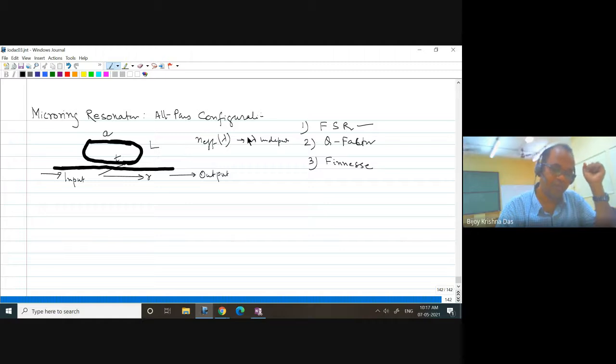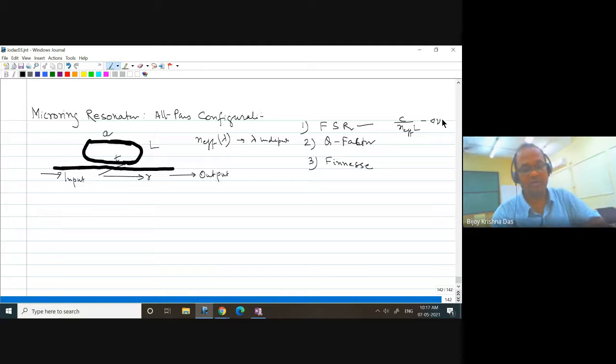We defined FSR as c by n effective L in terms of frequency, delta nu; otherwise lambda square by n effective L, which we derived in the previous class. This is the FSR, delta nu FSR, the difference between successive resonance frequencies.